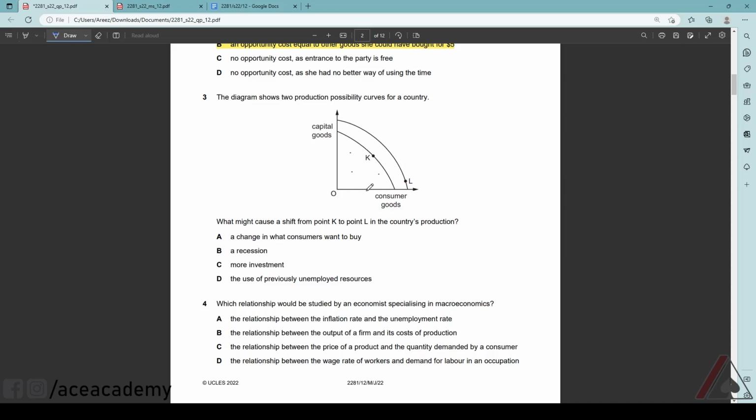Since it was not within the curve, all the resources had already been used at maximum efficiency. There was more production possible. Therefore, the number of resources has increased. It's not that there were unemployed resources which are now being used, because that would have implied a shift from anywhere within the curve to K and not from K to L. So that's why D is also wrong. The answer to this question is C, more investment.